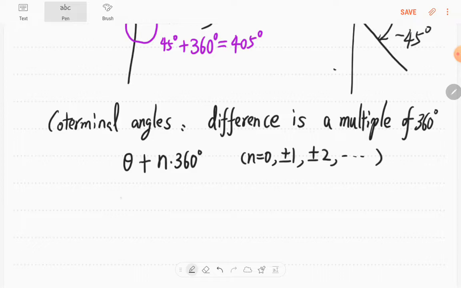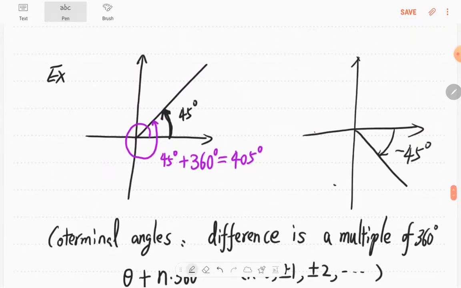Then these angles are coterminal angles. Okay, if you look at these two angles, the difference between these two angles, this is 45 and 405. If you take the difference, it would be a multiple of 360 degrees, right? Which is 1 times, or negative 1 times 360 degrees, right?